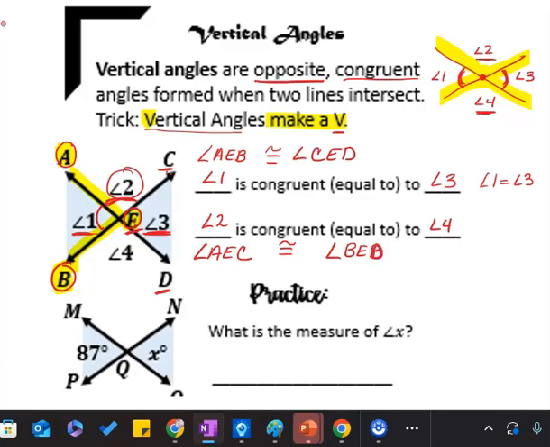I can also say that angle 2 is equal to angle 4. So there are a lot of different ways I can describe this. But the important thing to remember is that these opposite angles that are formed when two lines intersect are congruent. They're equal to each other.